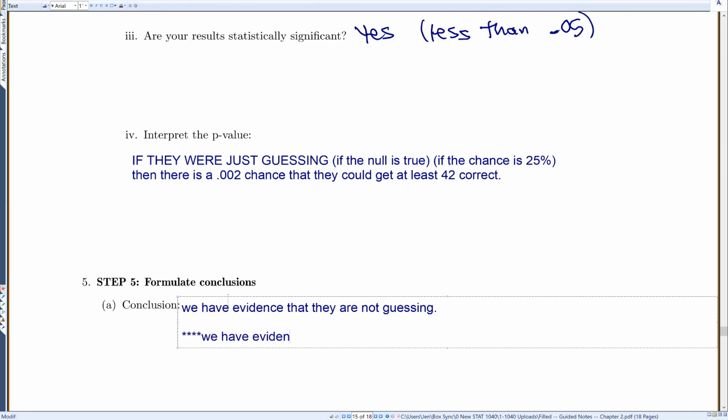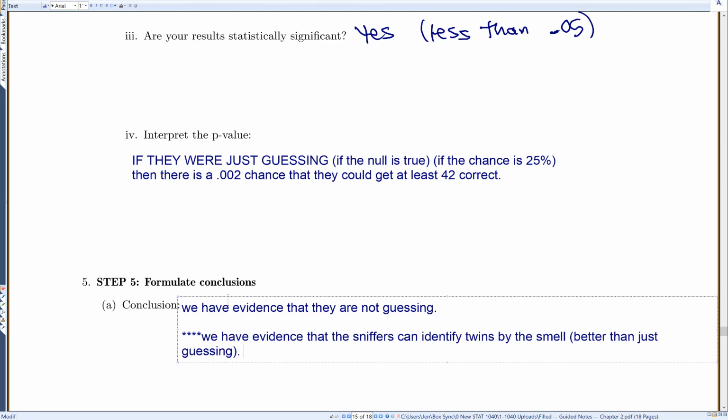We have evidence that the sniffers can identify twins by the smell better than just guessing. They weren't perfect. They only got 42 correct, but something is going on and it's better than just guessing. So we have evidence that body odor is somehow linked to genetics.